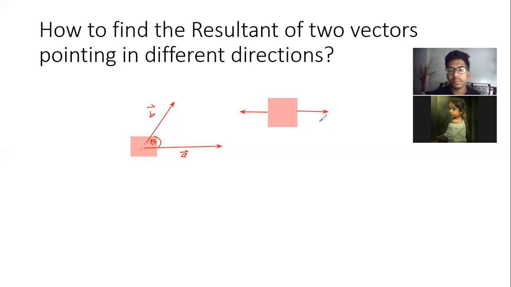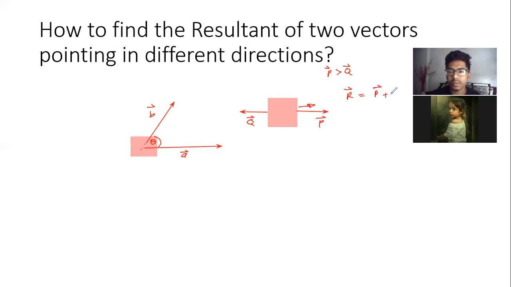let's say this is vector P and this is vector Q, and let's say vector P is greater than vector Q. So the resultant will be in the direction of vector P, right?